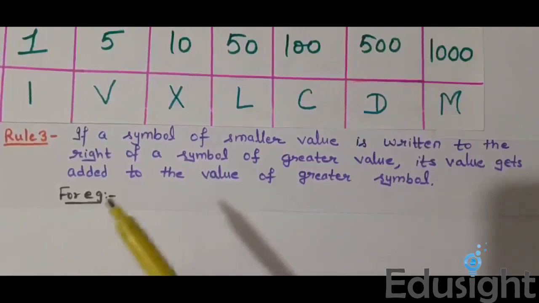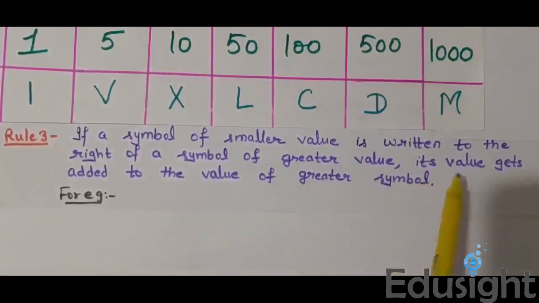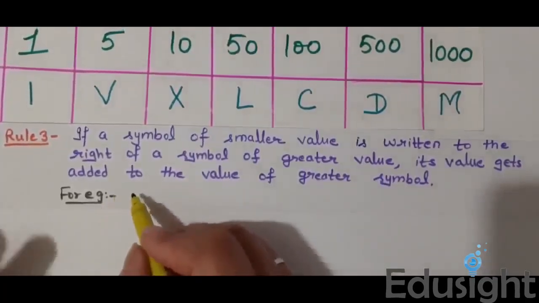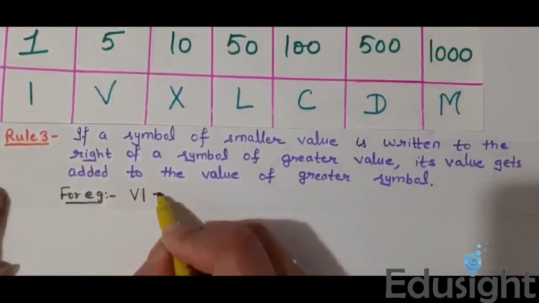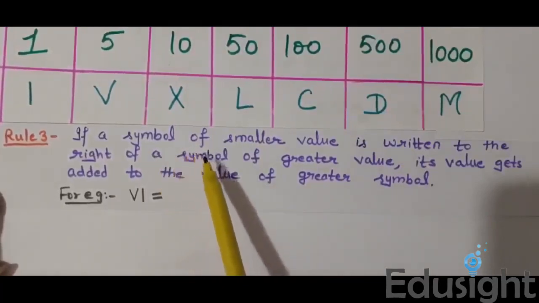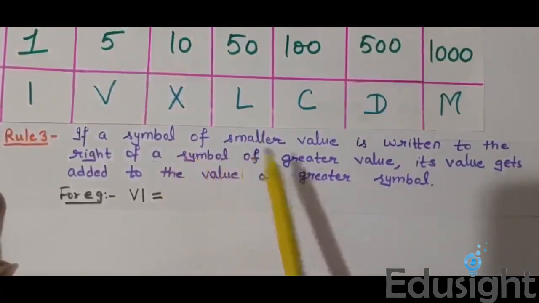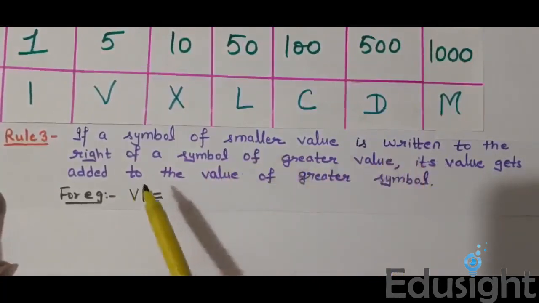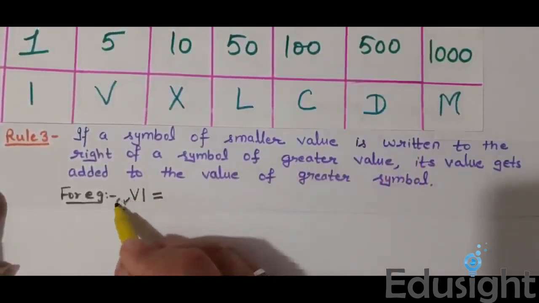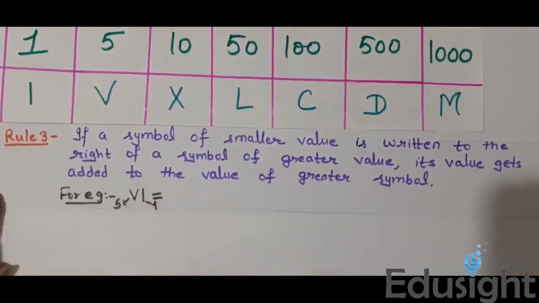Rule number 3: if a symbol of smaller value is written to the right of a symbol of greater value, its value gets added to the value of the greater symbol. Okay, take an example, VI. Read the first part of the sentence: if a symbol of smaller value is written to the right of a symbol of greater value. See, for V the number is 5 and for I the number is 1.